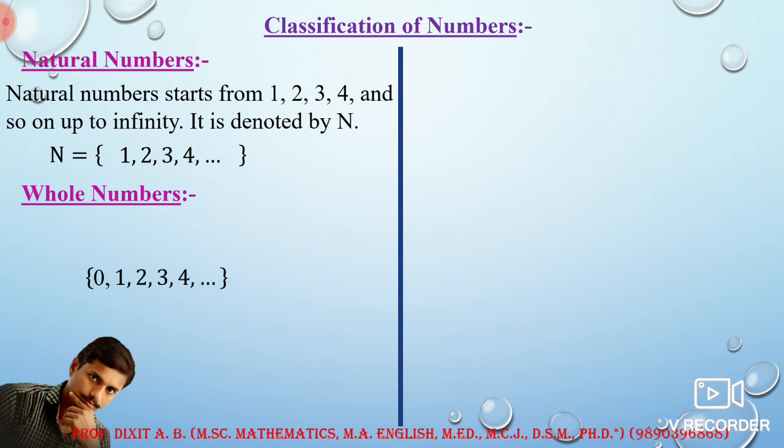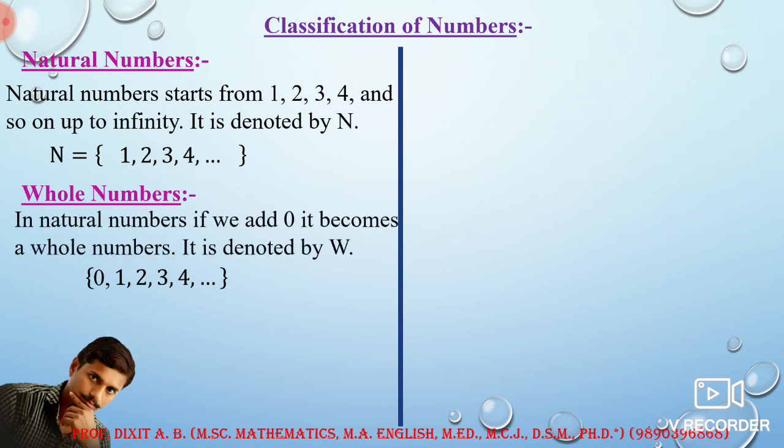Then this set of numbers becomes whole numbers. So here is the definition: in natural numbers, if we add 0, it becomes the whole numbers. It is denoted by W. So W is equal to 0, 1, 2, 3, 4 and so on up to infinity.